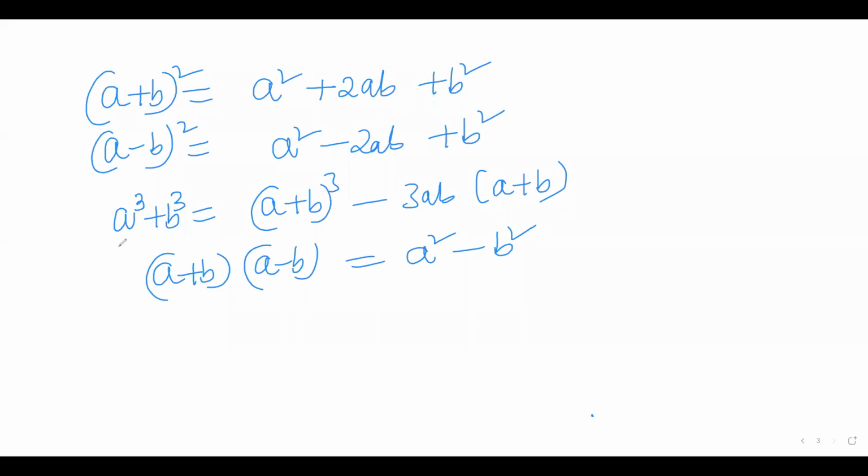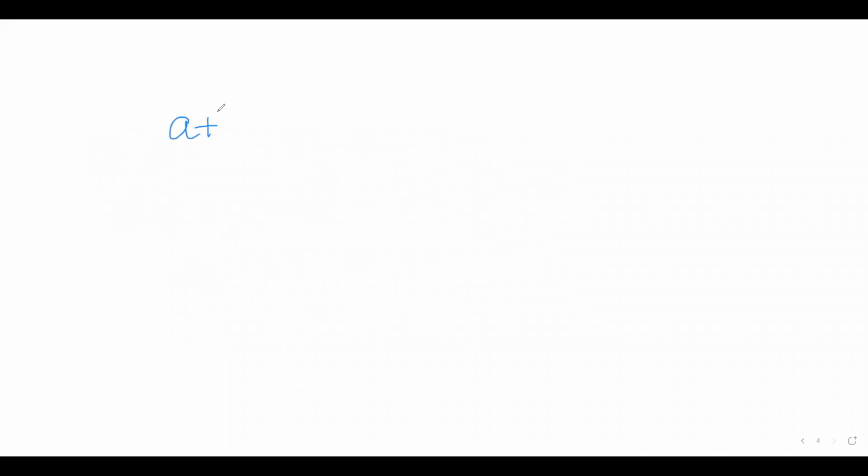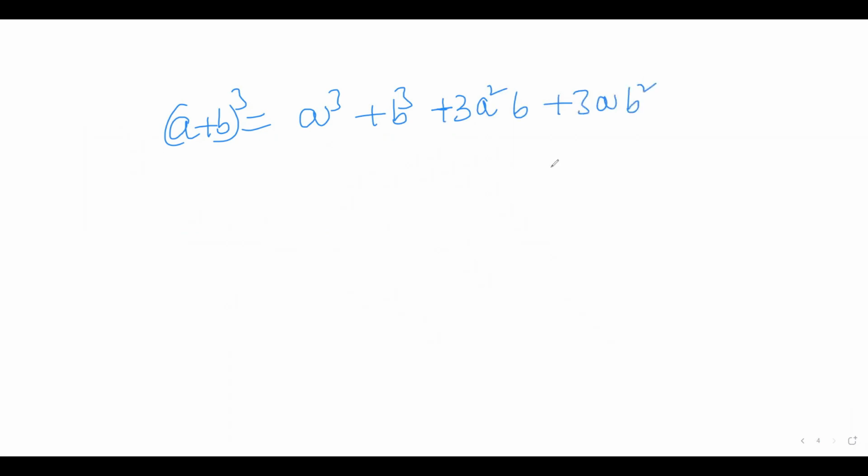I will explain how we got this a cube plus b cube formula. First of all, you know a plus b whole cube formula. Can anyone tell a plus b whole cube formula? It is a cube plus b cube plus 3a square b plus 3ab square. A plus b whole cube can also be written as a cube plus b cube plus 3ab.